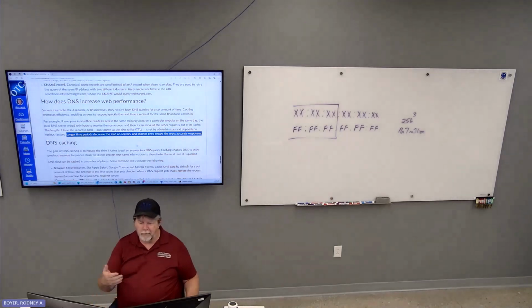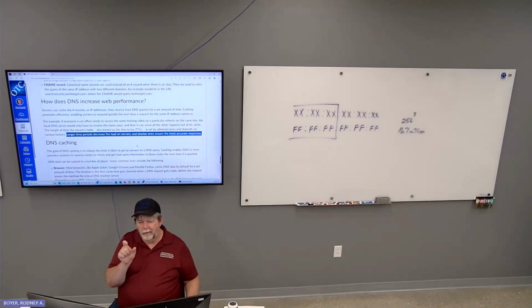So if you have a dynamic IP address that periodically changes, you want to shorten up your TTL for that A record or CNAME record. And bless you. You good? Okay, thought there was another one coming.